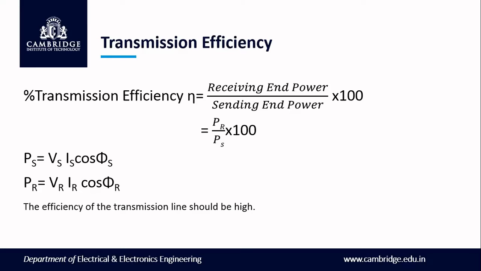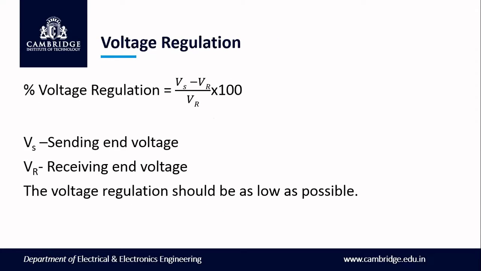It is nothing but the ratio of the receiving end power to the sending end power. In terms of percentage, multiplying by 100 will give you the transmission efficiency. PS is equal to Vs into Is into cos phi s. PR is equal to VR into IR into cos phi r, as far as single phase is concerned. So the efficiency of the transmission should be very high.